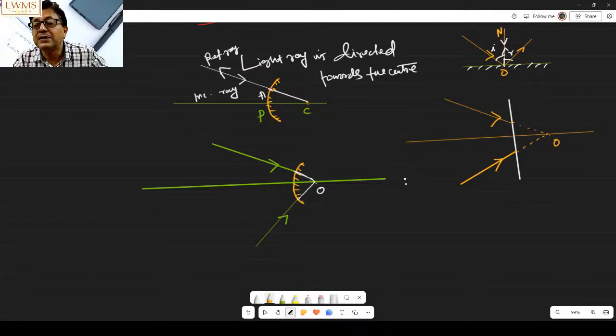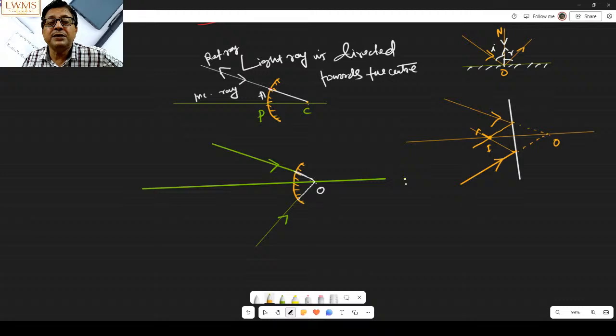But after reflection, going this way, it is going this way, they will meet at a point here on a straight line, and that will be the position of the image, isn't it? So if the object is virtual, the image is real. Same thing will happen there also.